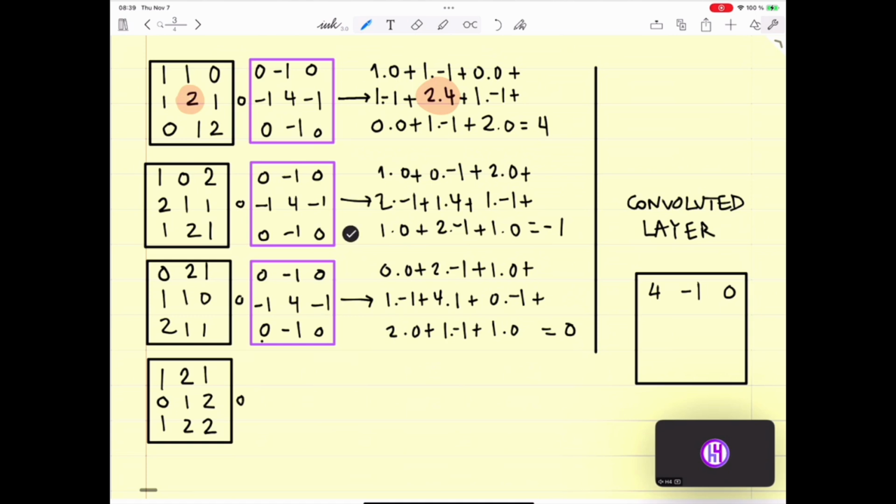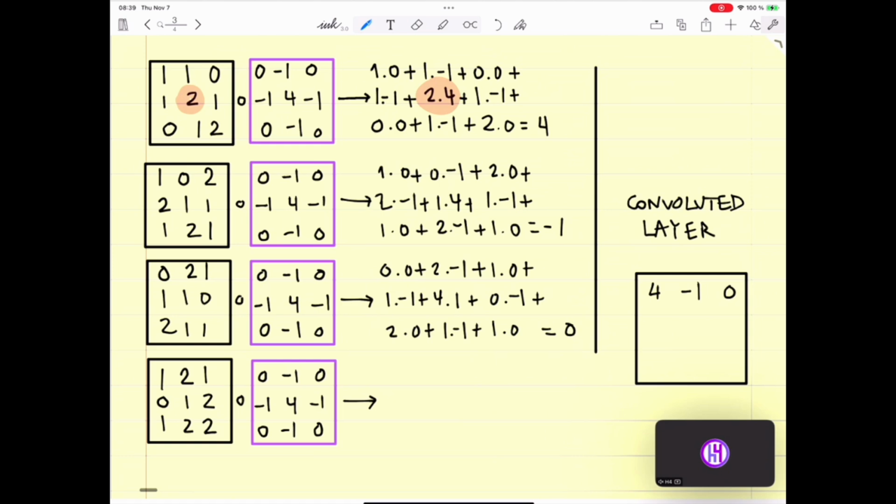And again, the same filter. You cannot change the filter in one convolution process. You have to use the same filter for all the image, otherwise you don't get anything.